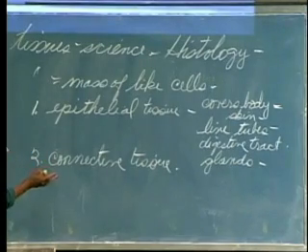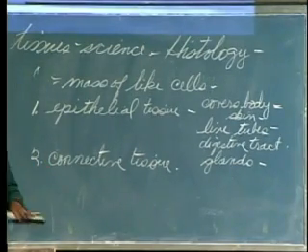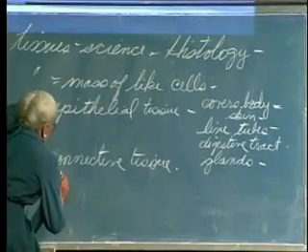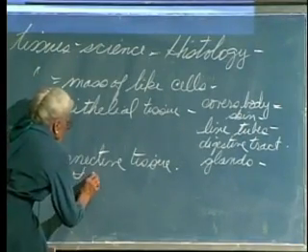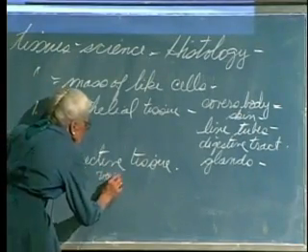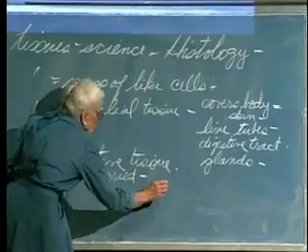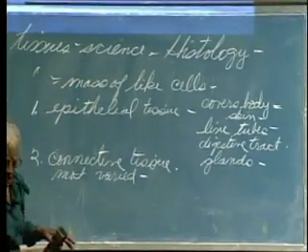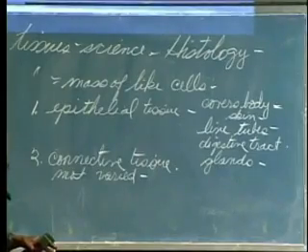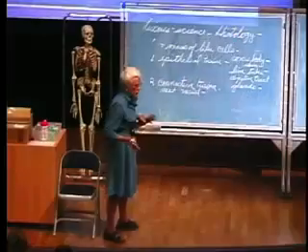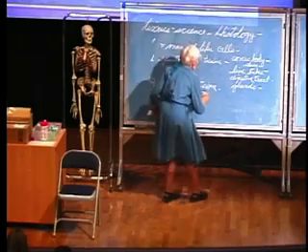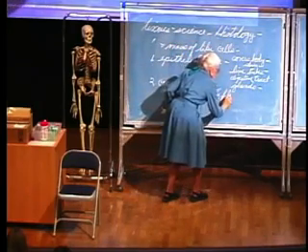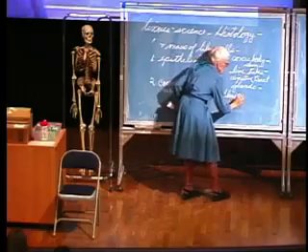Now, connective tissue is the most varied of your tissues. Most varied. Connective tissue is characterized by cells, fibers, and a matrix. Cells, fibers, and a matrix.